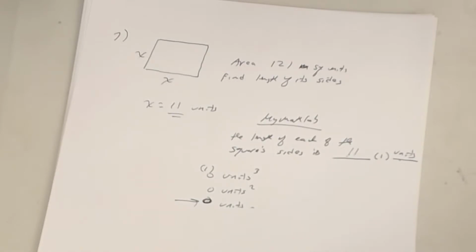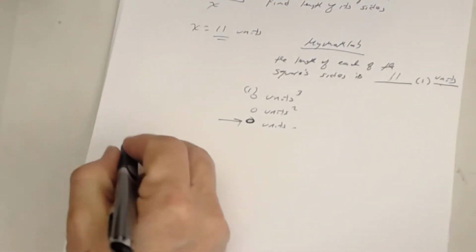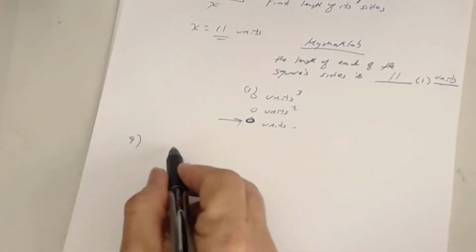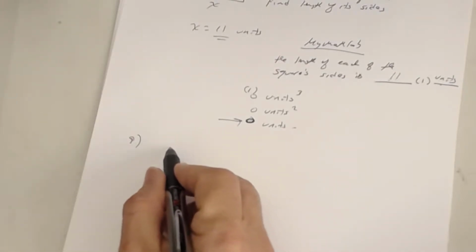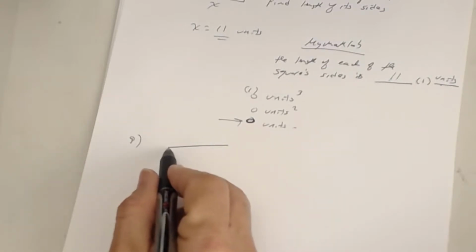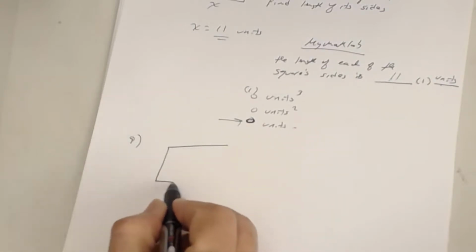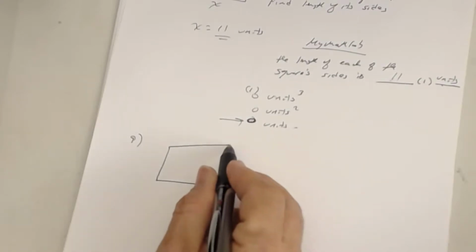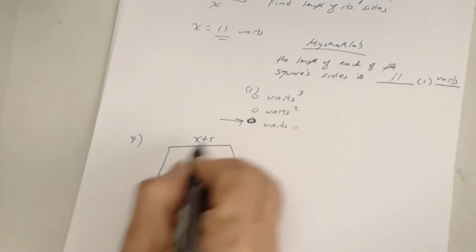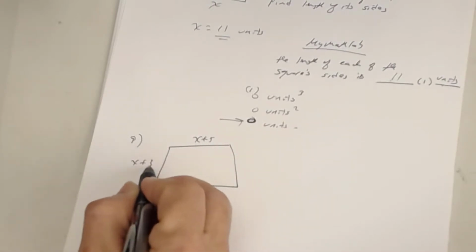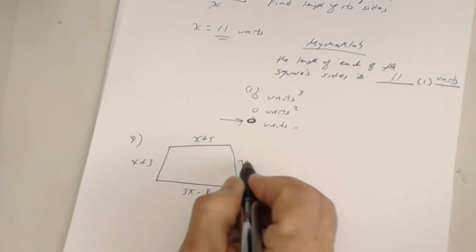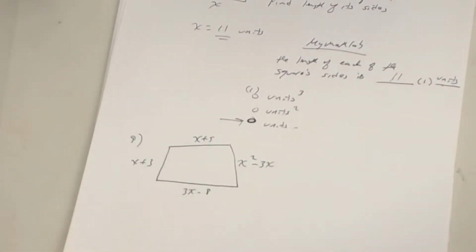Okay, then let's look at number 9. Number 9, you have this quadrilateral. And this side's x plus 5. This side's x plus 3. This side's 3x minus 8. And this side's x squared minus 3x.